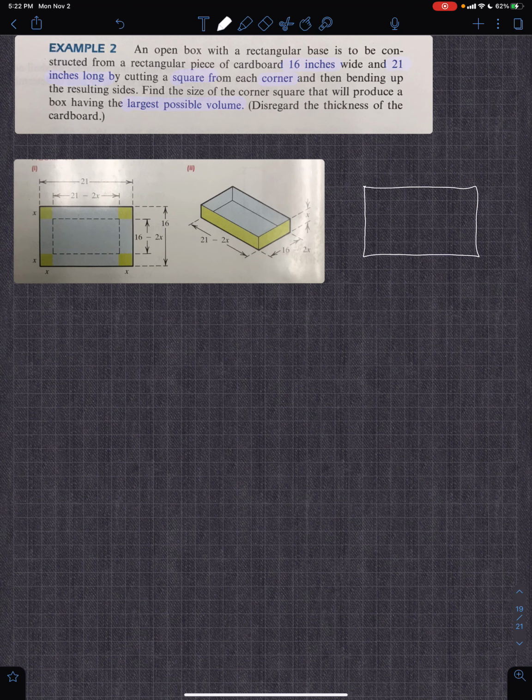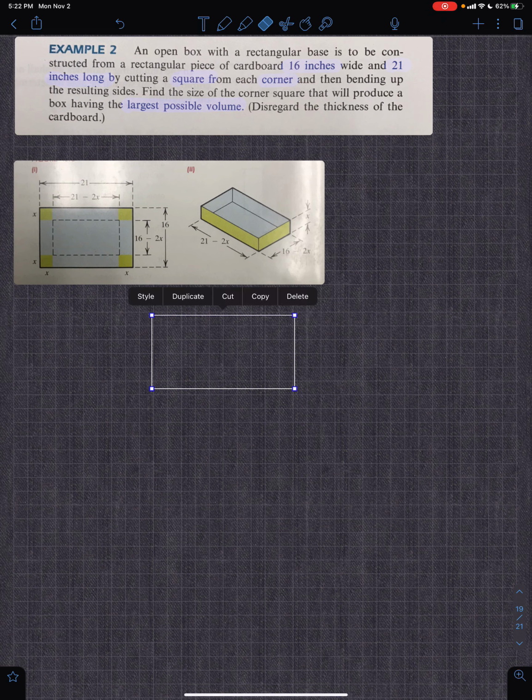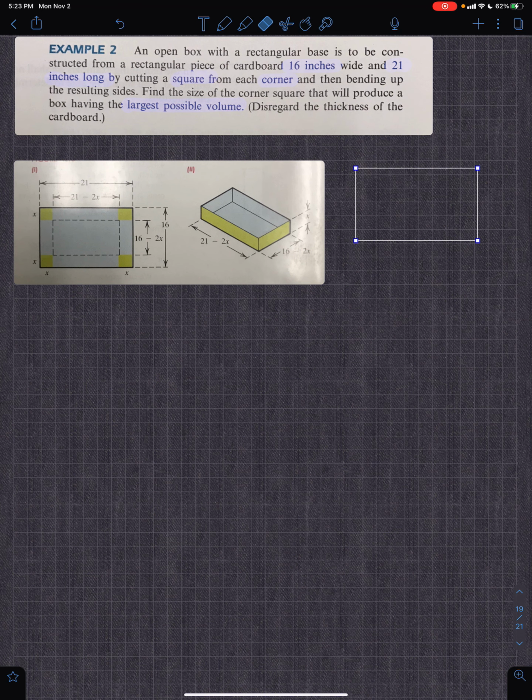Not sure why it keeps not doing it. It's weird. I draw it really bad, and it does it, and draw it good, and it doesn't. All right, so here's my rectangle, and it's about 16 by 21. So that's pretty close. It doesn't have to be perfect at all, but that's what I'm going to start with.